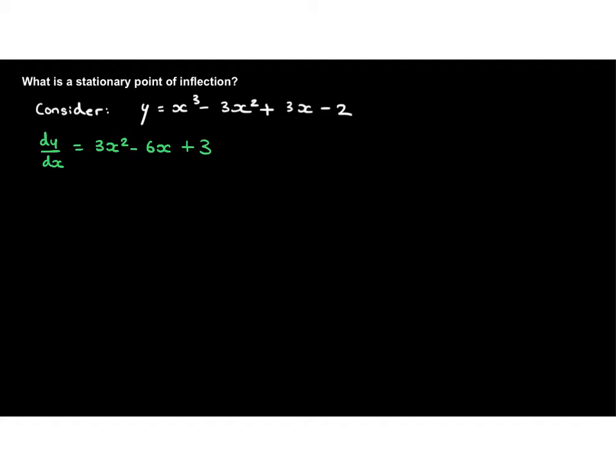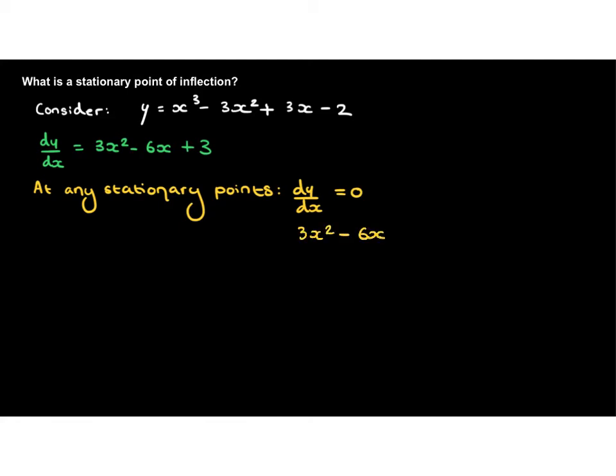Now we know at any stationary points, dy by dx is equal to 0. So we are going to set dy by dx equal to 0 and then solve the resulting equation. So we have 3x squared minus 6x plus 3 equals 0.